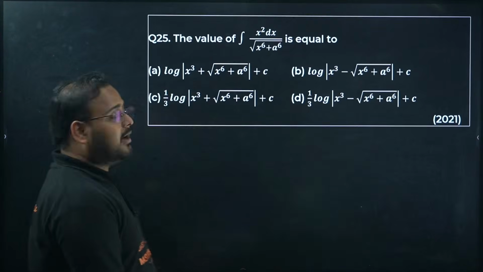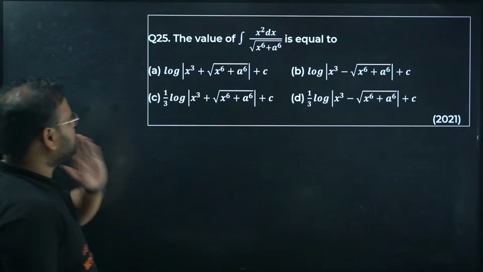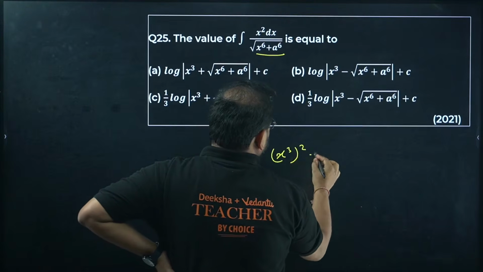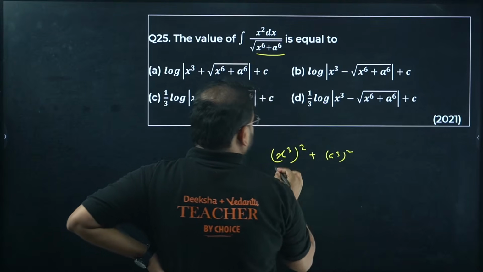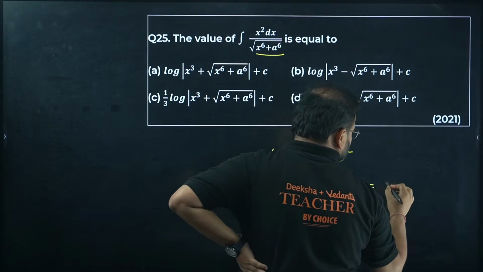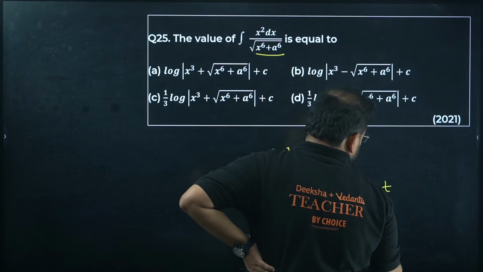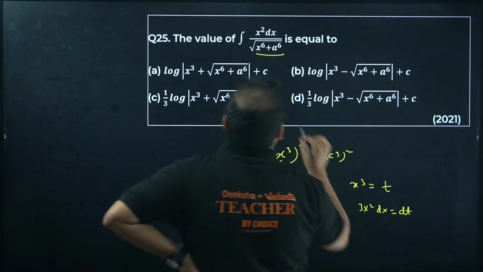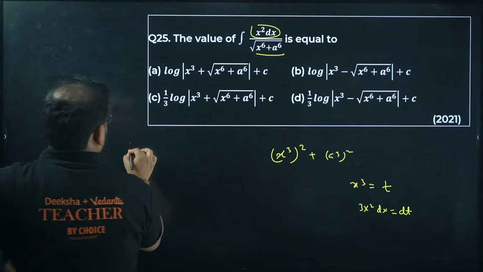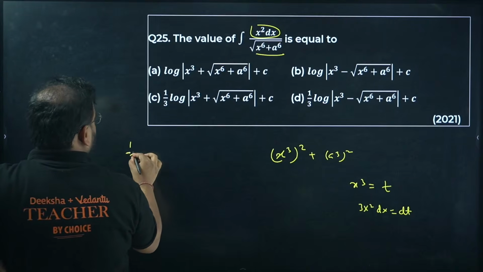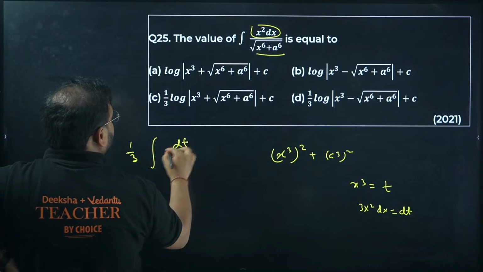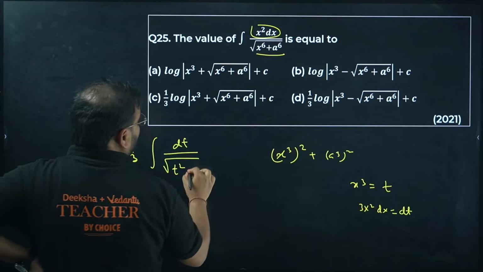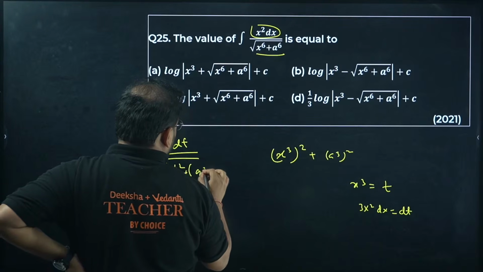Okay, come on. 24 is done, 25 now. A simple question again. X power 6, a power 6 is there. Take it as x cube square plus a cube square. Take x cube as t. This becomes 3x square dx as dt. So x square dx becomes 1 by 3 dt. Integration dt upon, check here, t square plus a cube square.